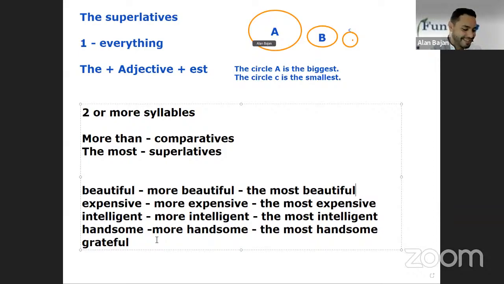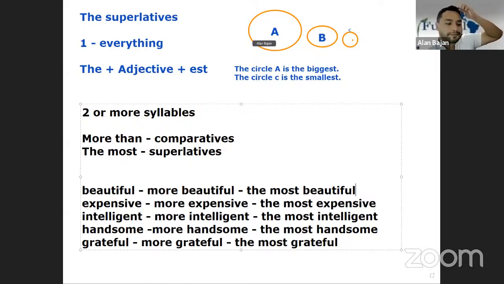Just kidding, guys. Grateful. More grateful. What means grateful, Joan? Someone knows what means grateful? Agradecido. That's true. The most grateful.